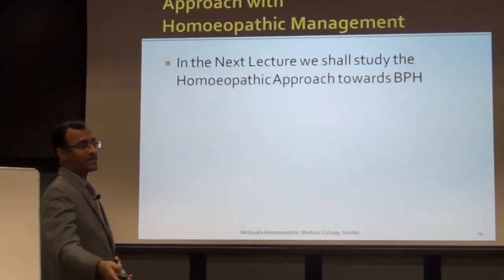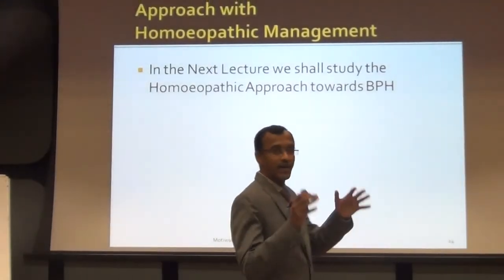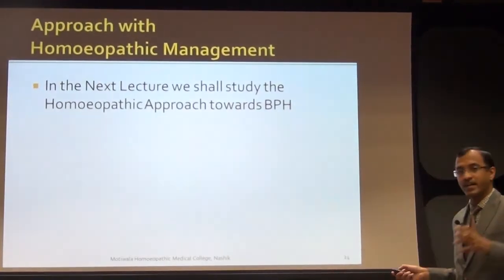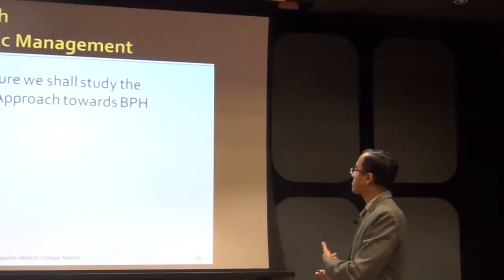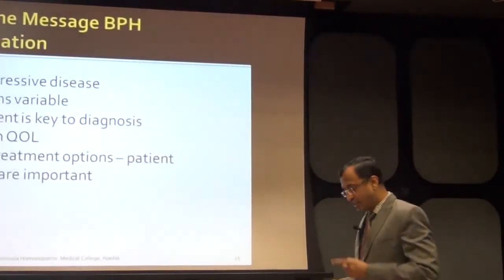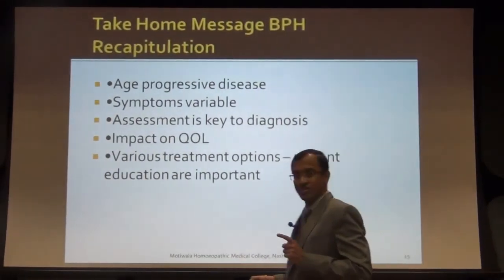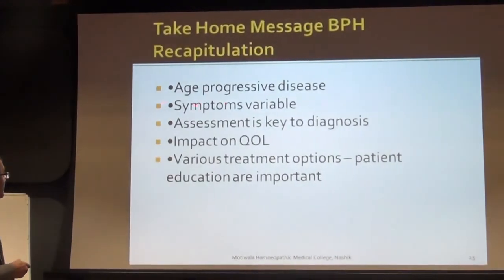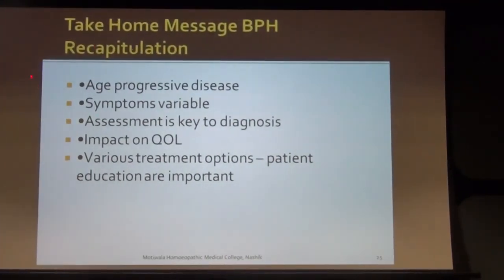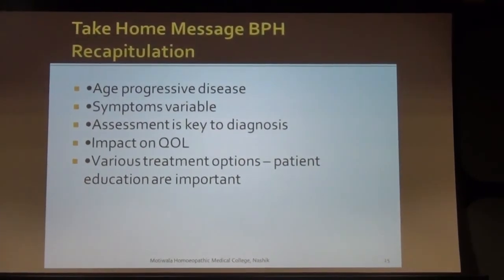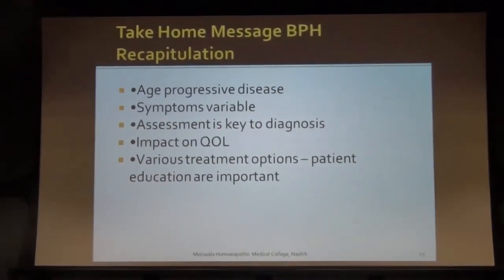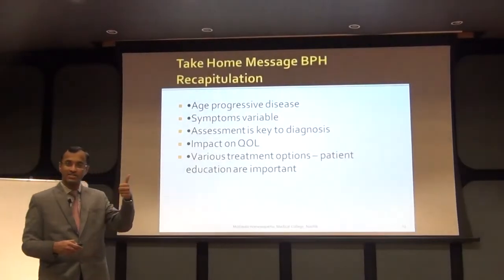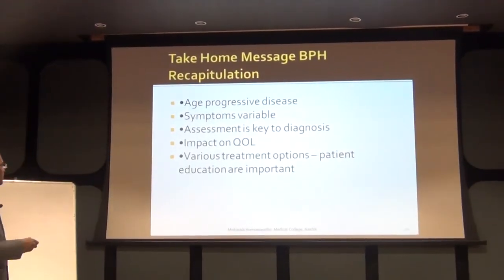So all these modern surgical technologies are available as a management part. Definitely, in the next lecture we should be able to tell you how one can move ahead with a homeopathic approach for the management of prostatic hypertrophy. So in today's lecture, what is the take-home message, or if we have to recapitulate what we have learned: it is an age-progressive disease, its symptoms are variable, and the assessment is key to diagnosing this condition based on urgency, frequency and hesitancy of urination.